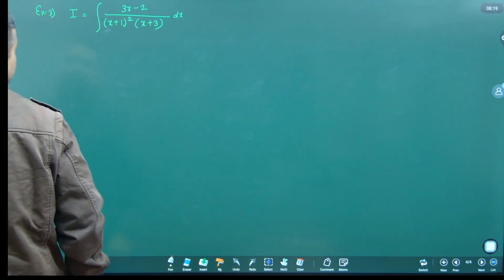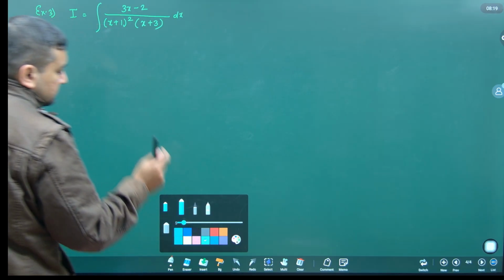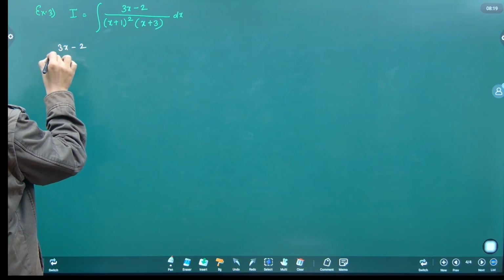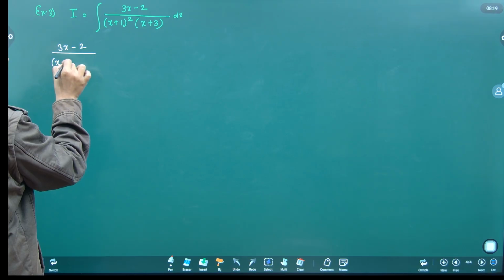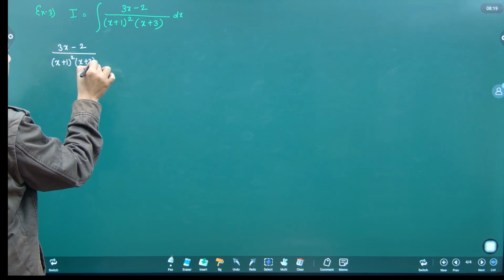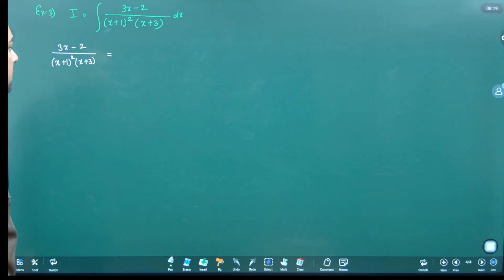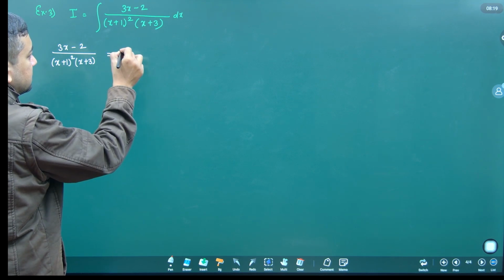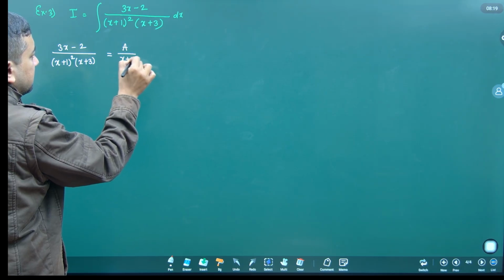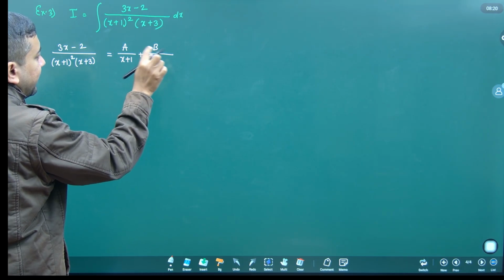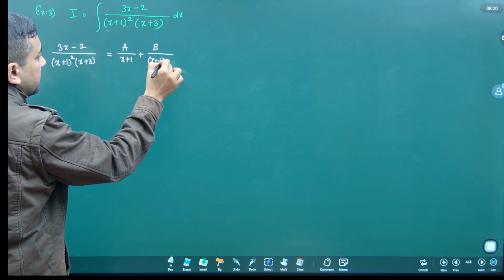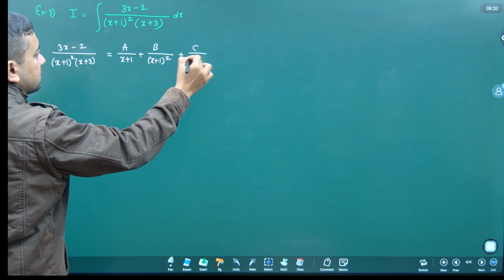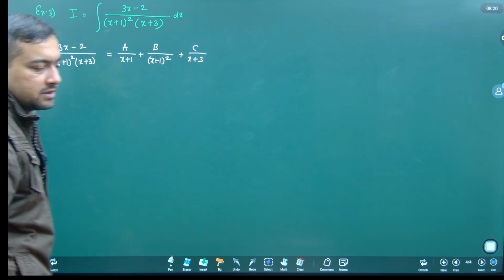How will you find the partial fraction? See here, (3x minus 2) upon (x plus 1) square into (x plus 3) is equal to, this factor is repeated, so you have to allot two constants to it: A upon x plus 1, plus the second constant. While allotting the second constant, you have to take the square of this, B upon (x plus 1) square, plus for x plus 3, which is non-repeated, one constant will be enough, C upon x plus 3.